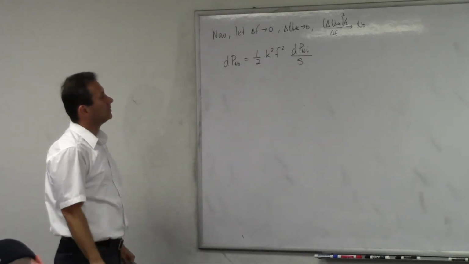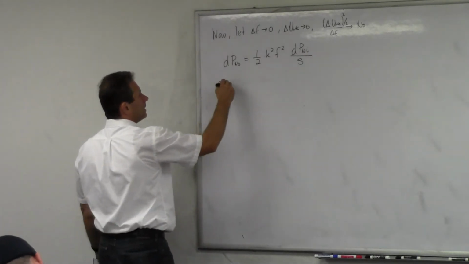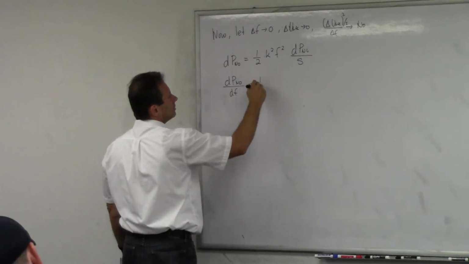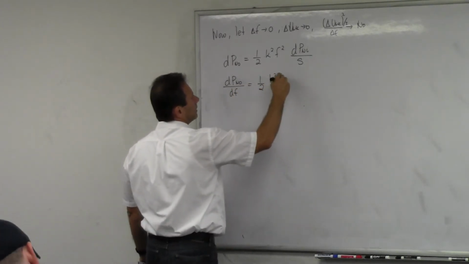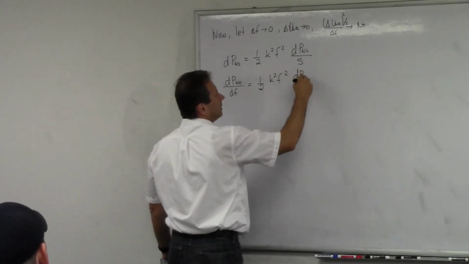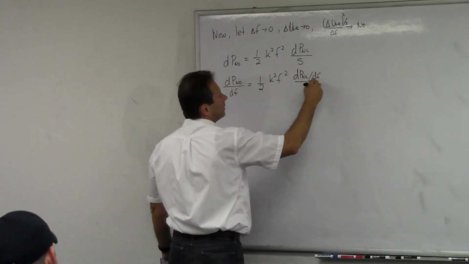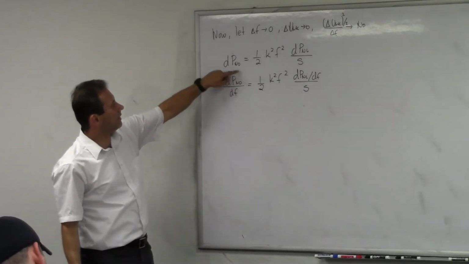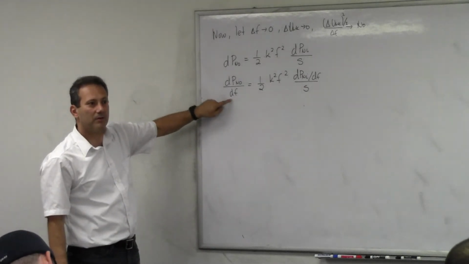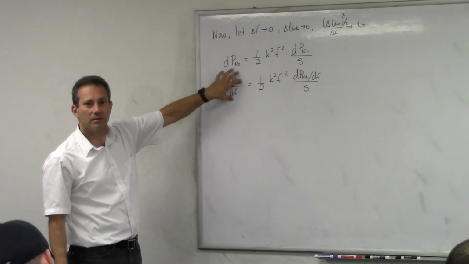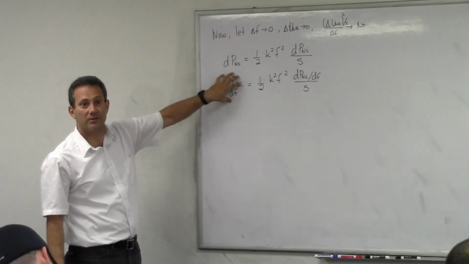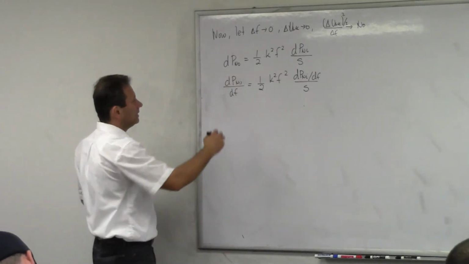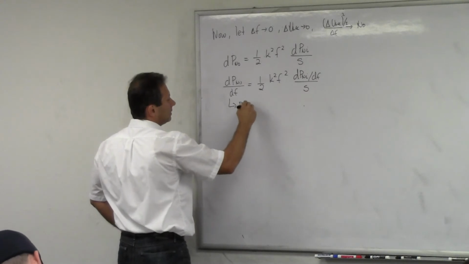If I divide both sides of this by delta F, then I get dPn over dF is equal to 1/2 K squared F squared times dPn input over dF divided by the power of the carrier. Now, element of the power divided by element of the frequency, what is this? Power spectral density, right? So this is watts per hertz. What is the power spectral density at the output? So this is the PSD at the output.